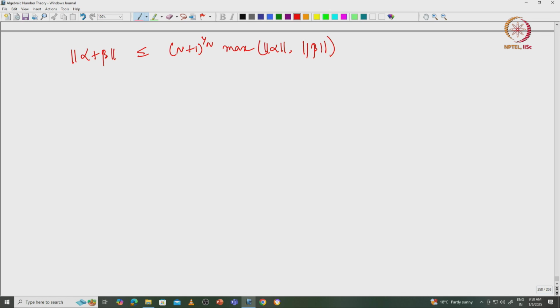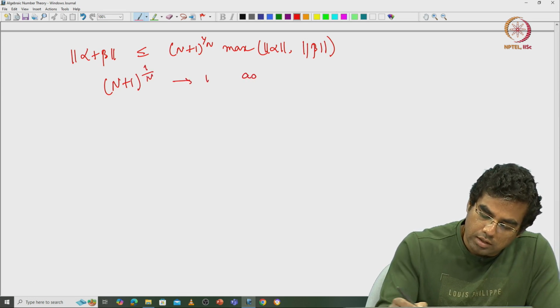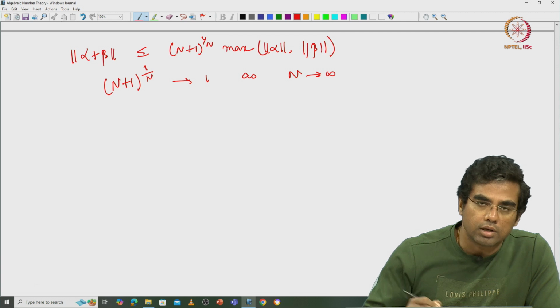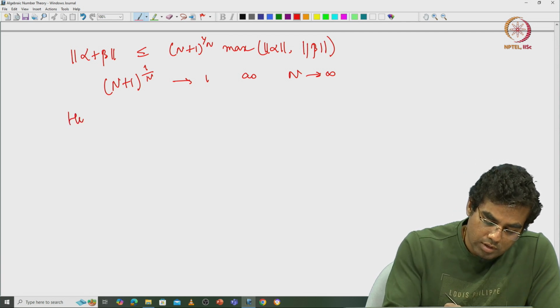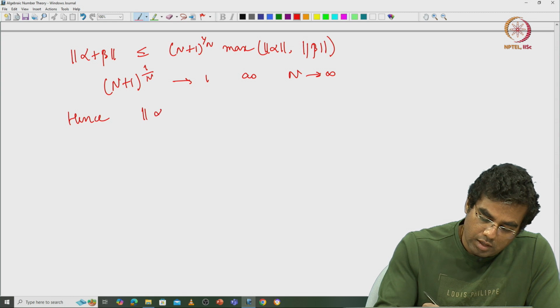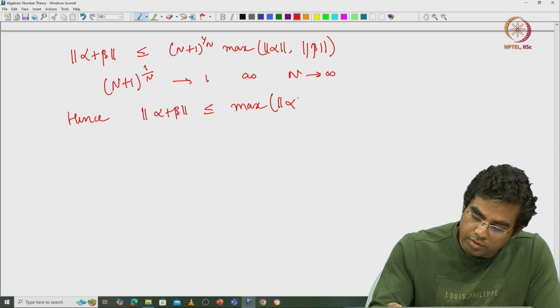Now, N plus 1 to the power 1 by N goes to 1 as N goes to infinity, something that you learn in the very basic analysis course. Hence, we get valuation of alpha plus beta is less than or equal to max of valuation of alpha, valuation of beta.